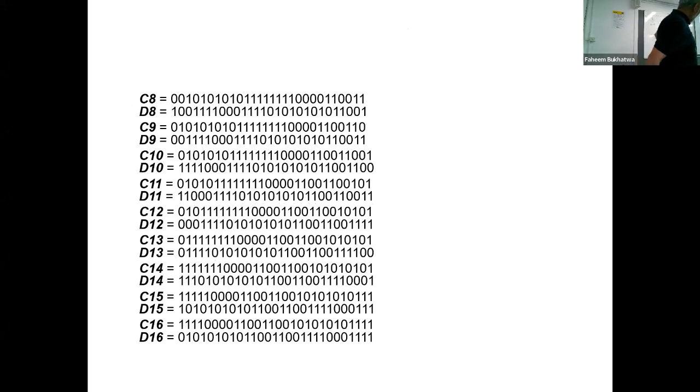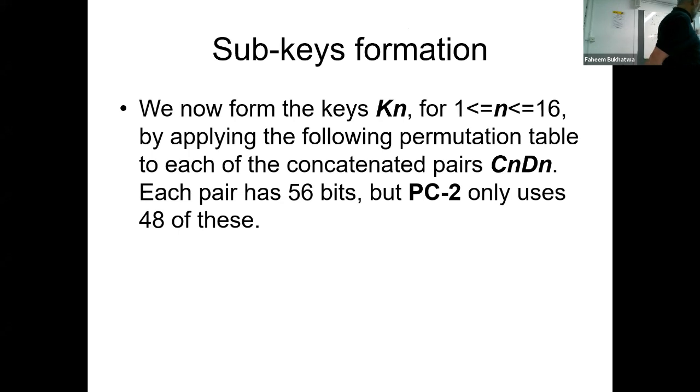And this is actually the actual exact keys that got generated, or the actual halves of the keys. Now, the sub-key formation, each time we do a shift and join, or merge together, then each pair has 56 bits, and they're passed through another PC permutation condensation table.